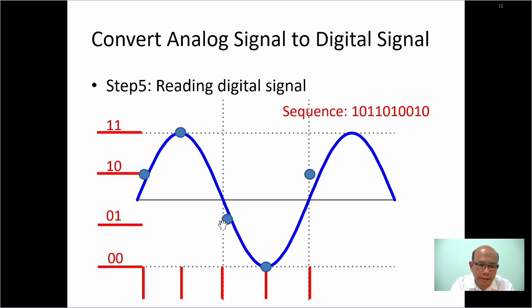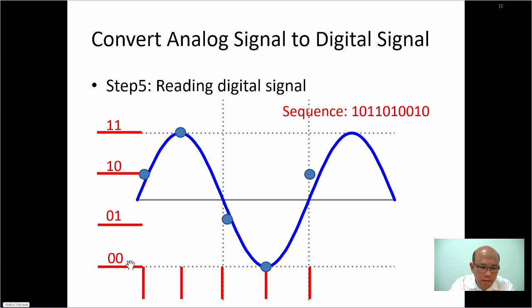And then step 5. From step 2, I told you we divided in 4 levels. 4 levels are represented in 2 bits.